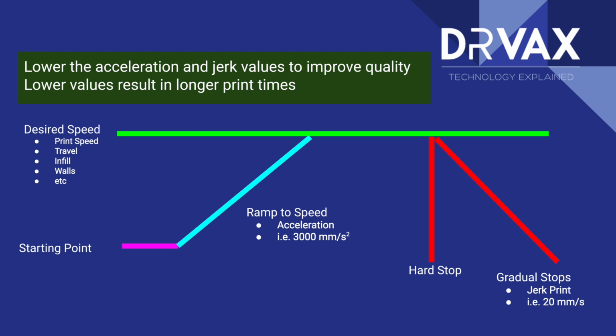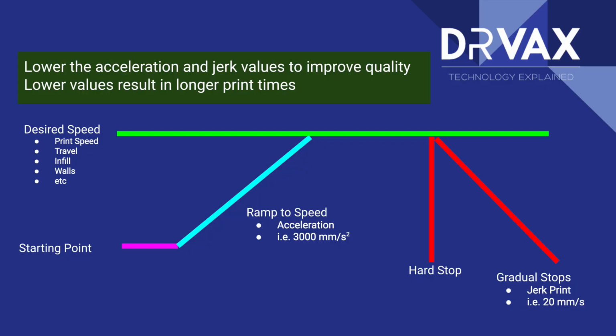In this diagram, I've highlighted the different speeds at which your printhead will move during the course of a print. The green line is the speed you'd like to have as your standard speed. Now you can vary that for the part of the print, for infill, for the outside walls, for the top, for the bottom layer. But you can't get to that speed instantaneously.